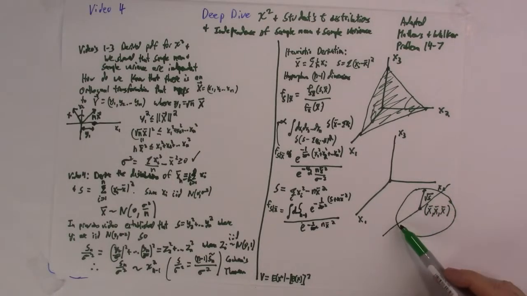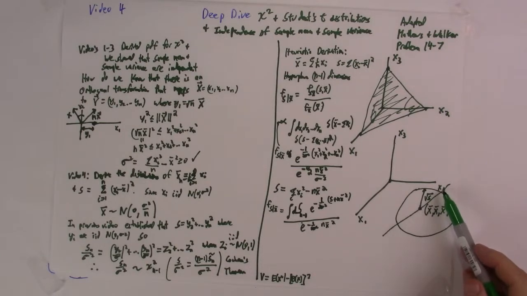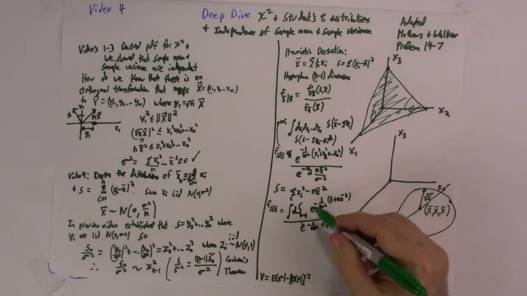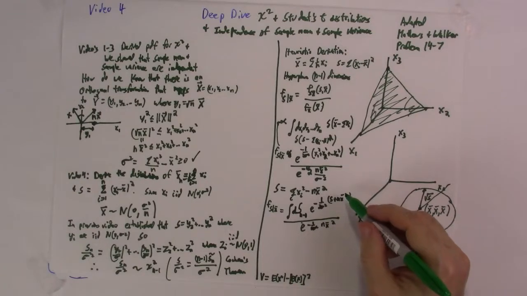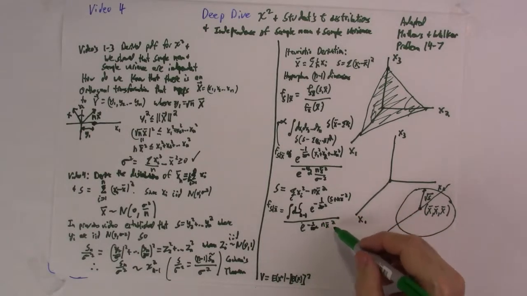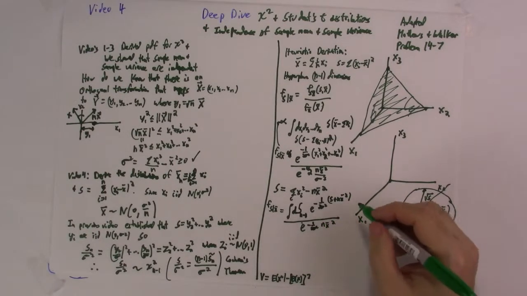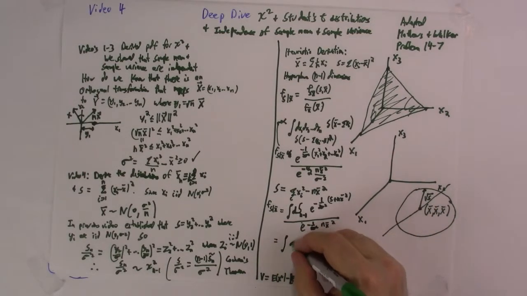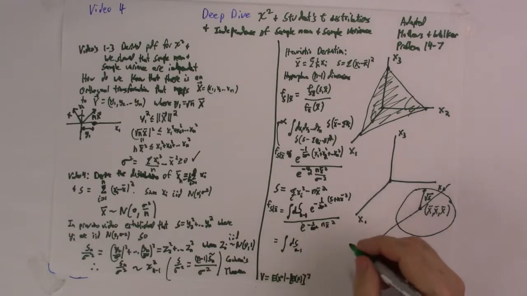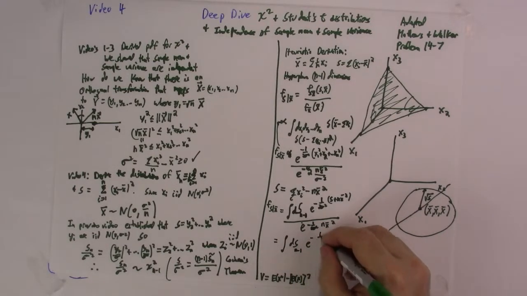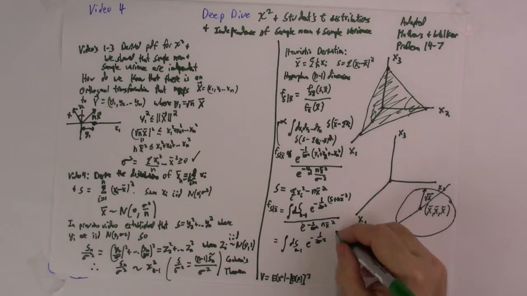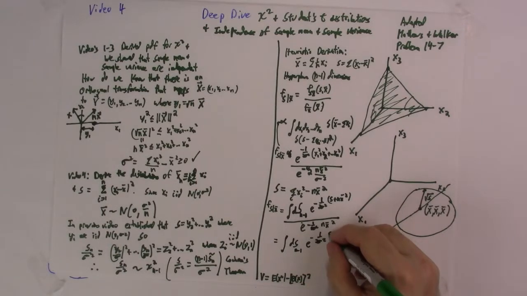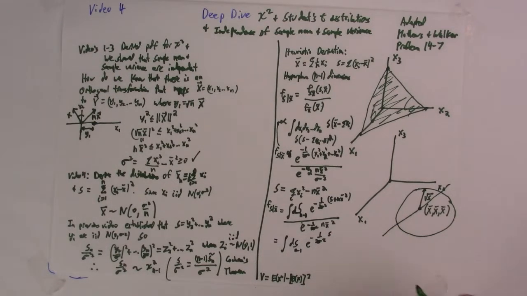X bar has the same value everywhere on the hyperplane. So this doesn't depend on where we're integrating over. And if you notice, the numerator and denominator cancel. So this is equal to the integral over dS n-1 of e to the minus 1 over 2 sigma squared times s, where s is this sample variable that we defined.